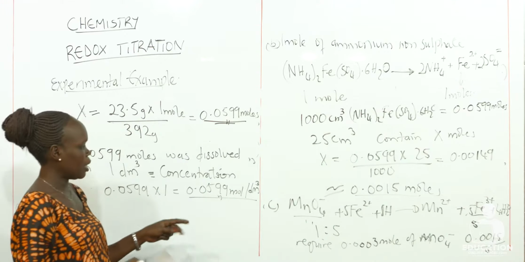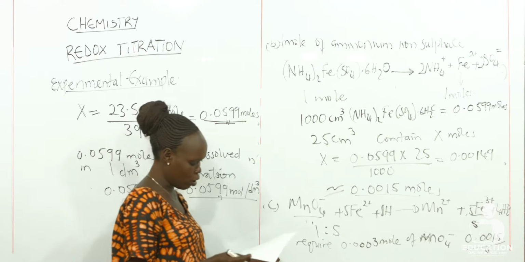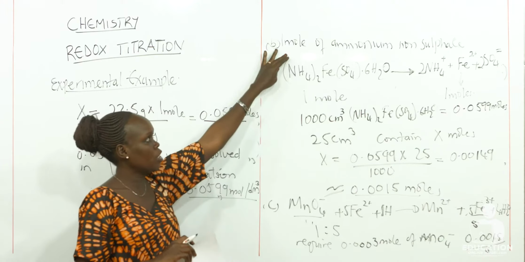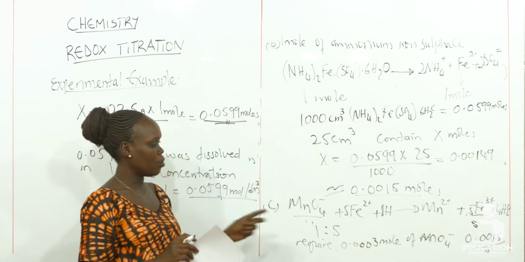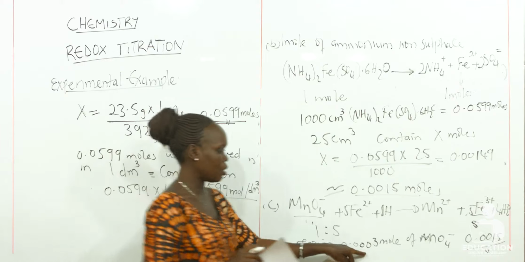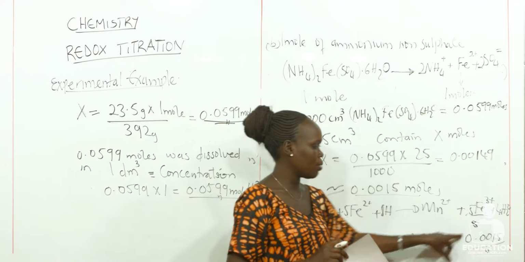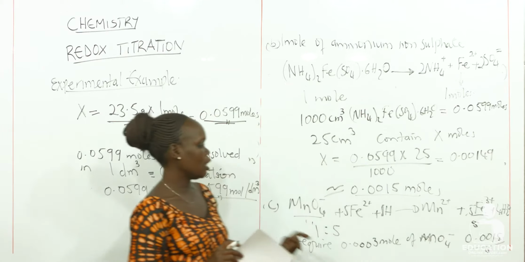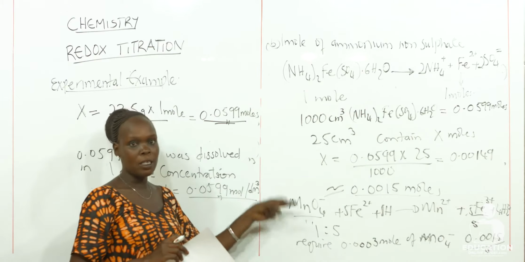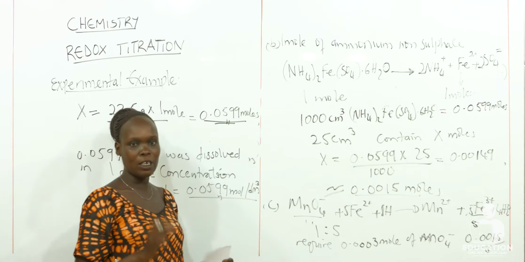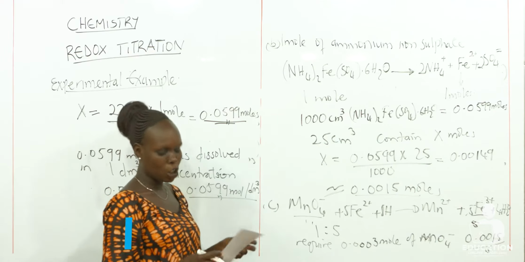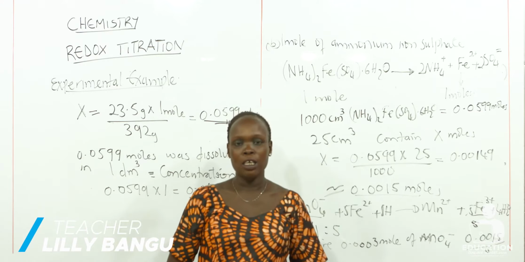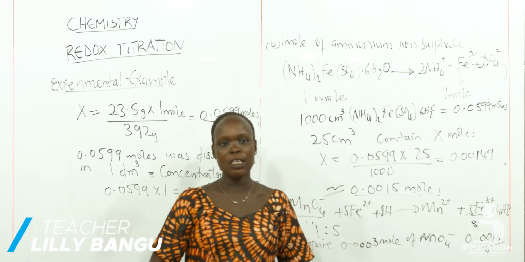So at the end we shall get the number of moles of permanganate that reacted with ammonium iron sulfate. So we got 0.003 from this. We divide the number of moles by the ratio of the ions, so we shall get the number of moles of permanganate. In this way we also calculate the concentration, and at the end we shall reach the concentration that we wanted after getting the moles of permanganate.